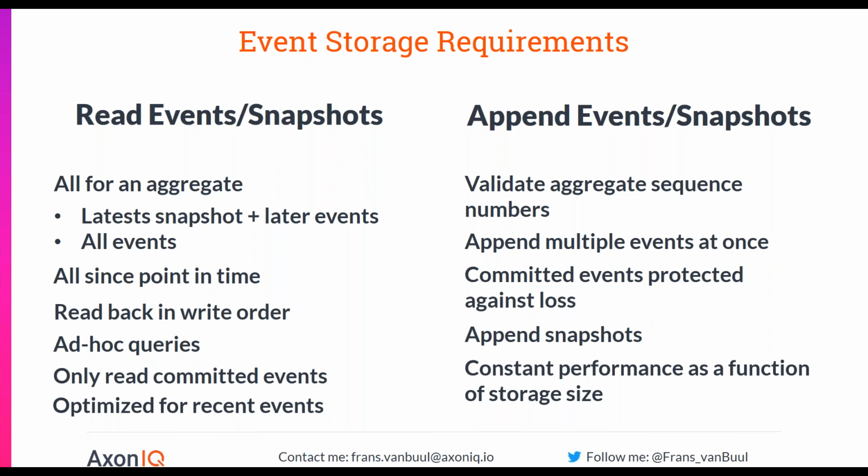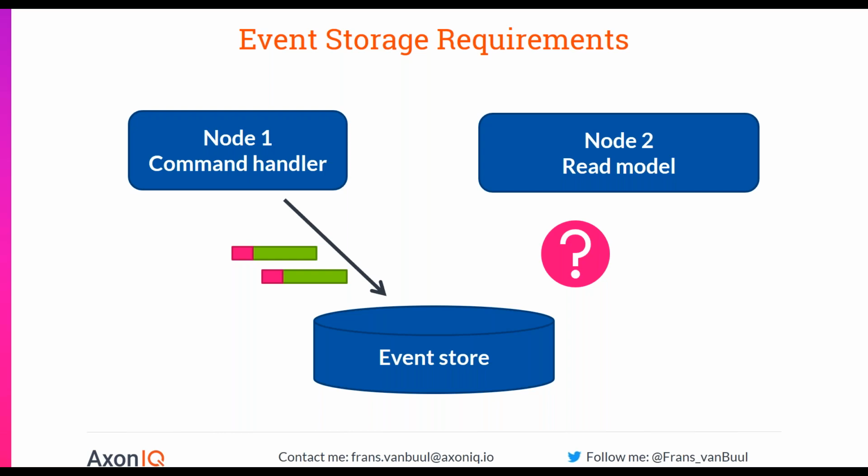And the final requirement that I want to cover before we put some technologies to the test according to these requirements is publishing events. So event stores persist events, but then in this entire CQRS architecture, other nodes in the entire system must consume these events as well. So how to link the two?